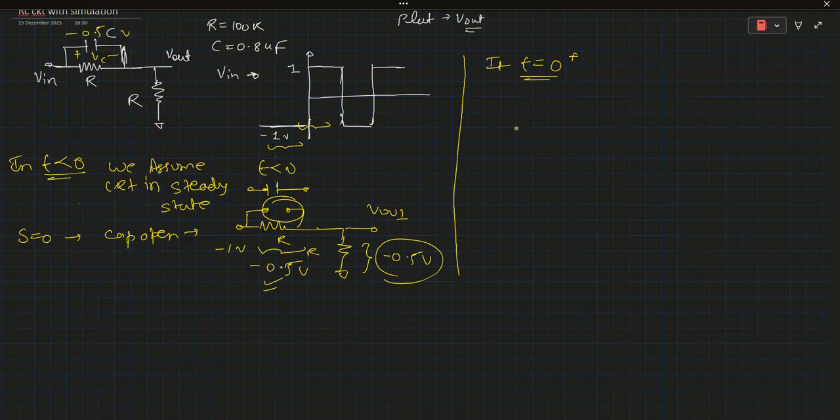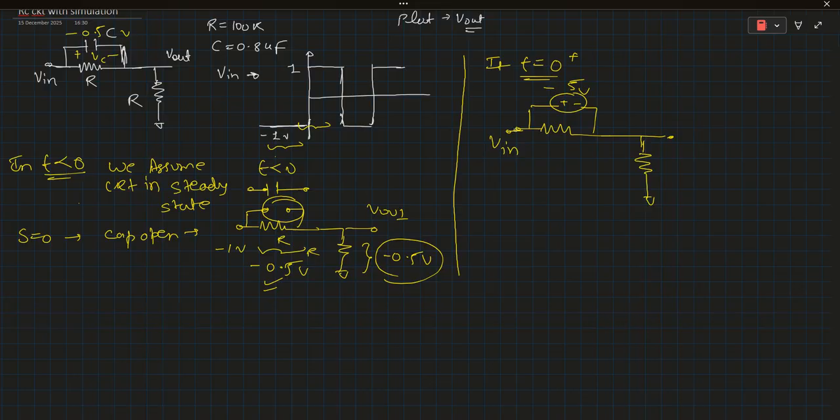This is a resistor, this is a resistor, and now this capacitor acts as a voltage source with plus minus supply, which is minus 0.5 volt, and this is the resistor, and this is the input.